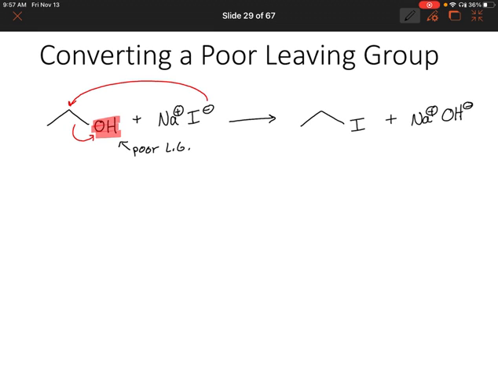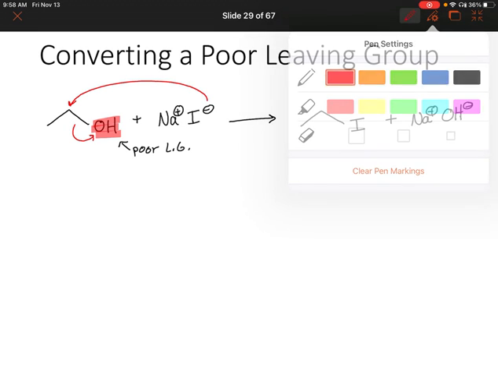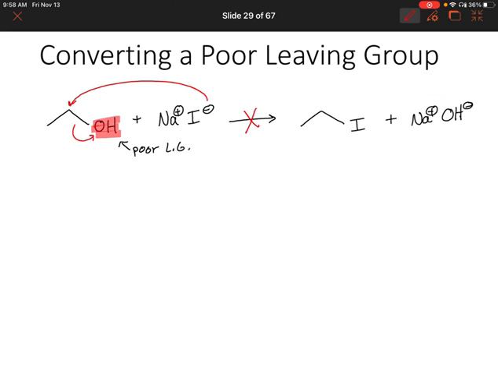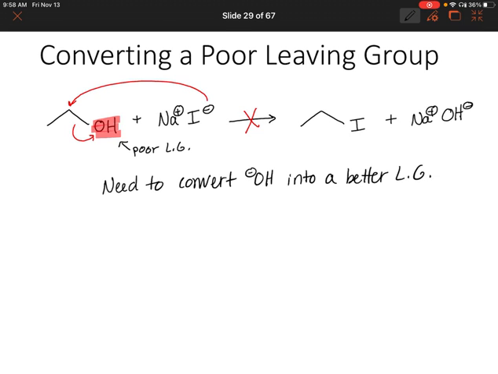So what we want to do is convert that into a better leaving group because this reaction would not happen. OH would not leave on its own. So we need to convert OH minus into a better leaving group. And there are a few ways to do this.